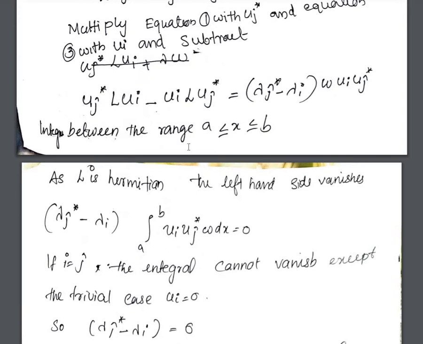Here we integrate between the limit a and b. The value of x should be greater than or equal to a and less than or equal to b. That is the range of x.